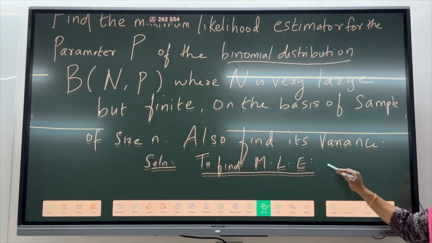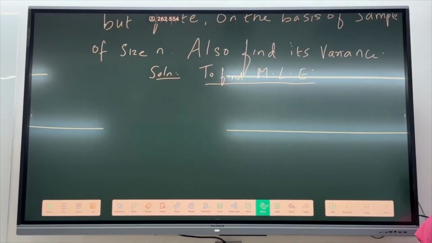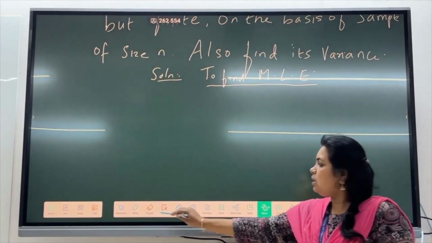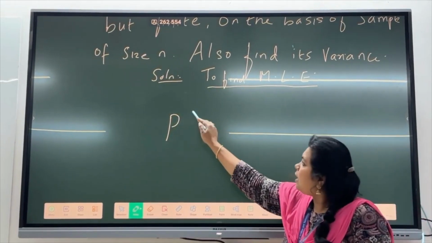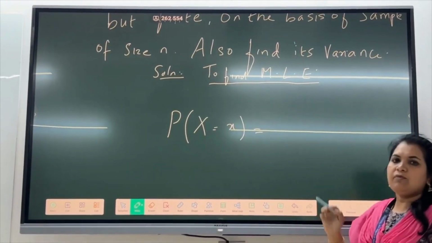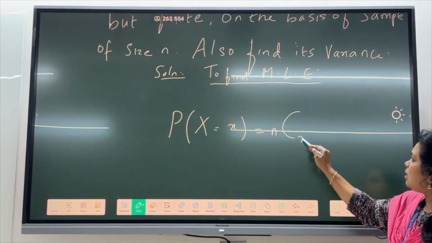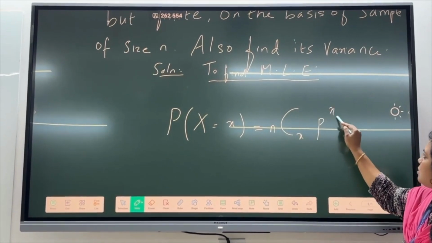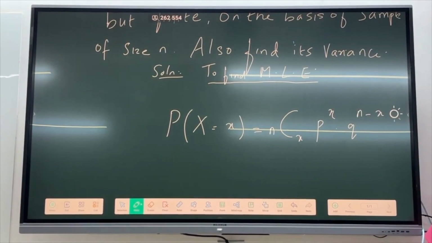So how do we frame the binomial distribution formula? P of X equal to x is NCx p power x q power N minus x. This is the formula.